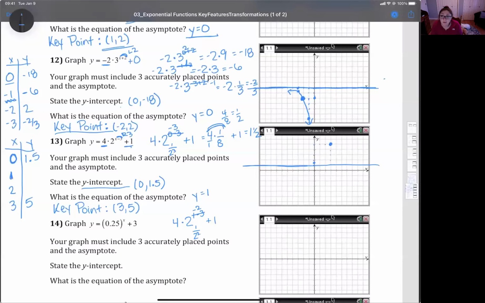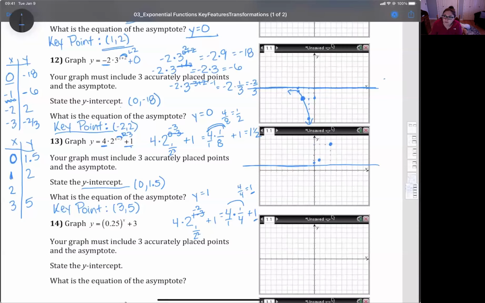Since I have a negative exponent, I need to move it to the bottom of the fraction. So this would give me 4 times 1 over 2 squared, which is 4, so 1 over 4, plus 1. So just this part here, 4 times a fourth would be 4 over 4, right? Multiply the tops, multiply the bottoms, which is just 1. So I get 1 plus 1, which is 2. So I have the point 1 comma 2 on my graph.